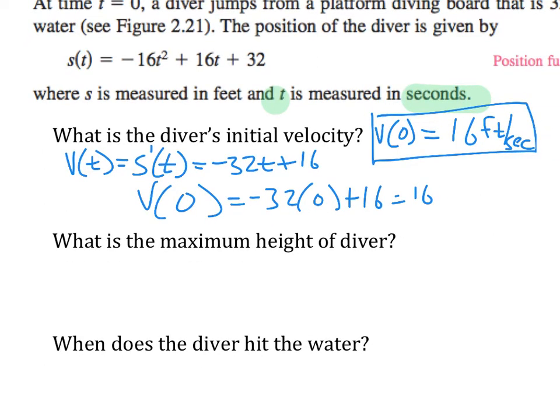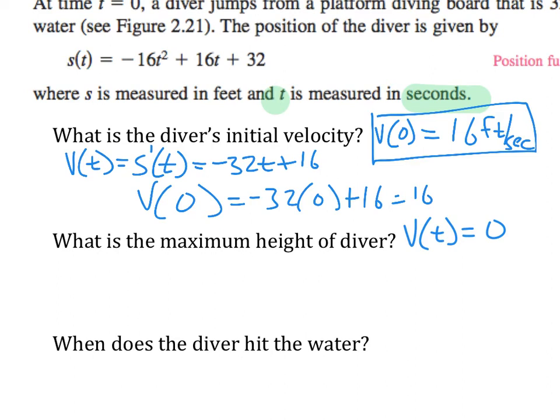So what's the maximum height of the diver? Well, where do we find the maximum height? Remember, the maximum height is when the velocity will equal 0. So when velocity is 0, we have a maximum. Or just think about it as a curve, which it is, a parabola, then we can find the extrema when the derivative of s is 0. Well, the derivative of s is velocity.